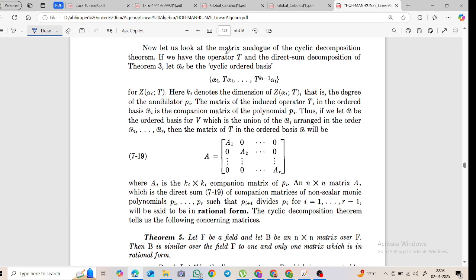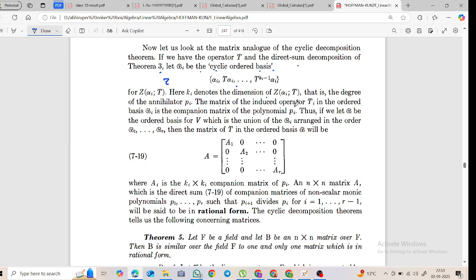Now, let us look at the matrix analog of cyclic decomposition theory. We have an operator T and a direct sum decomposition, where beta i is the cyclic ordered basis of Z alpha i T. Ki denotes the dimension of this, that is the degree of the annihilator Pi.